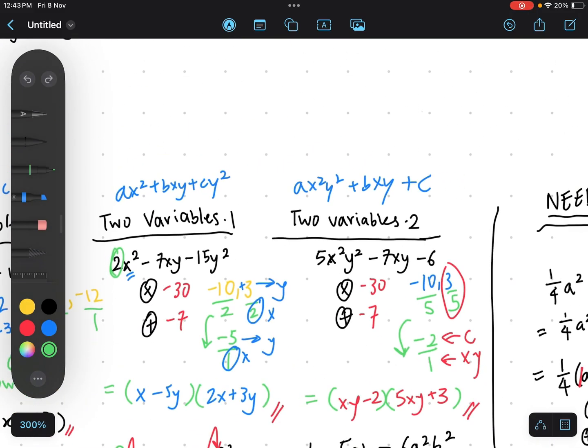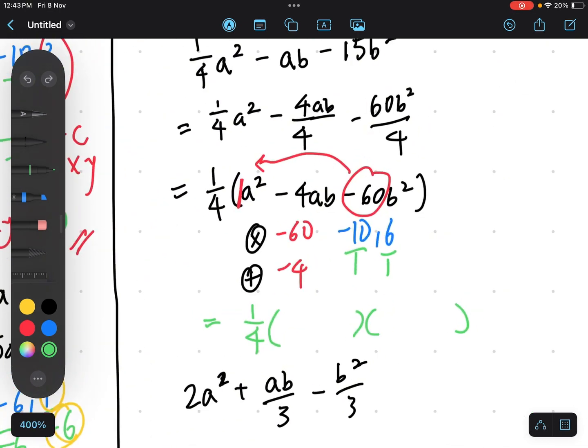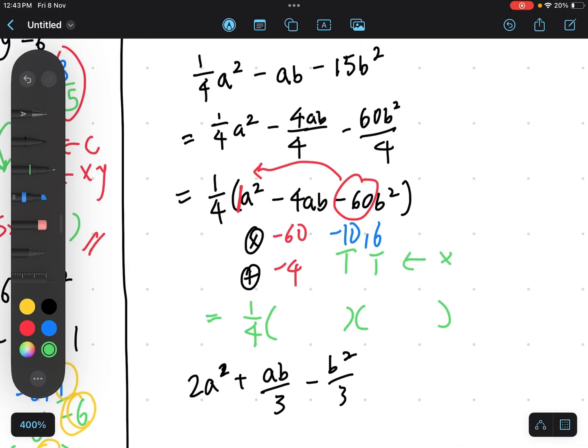So remember that the bottom one is x, and the top one is y. Or in this case, a and b. So we got 1/4 of a minus 10b, and we got 1a, and then plus 6b.